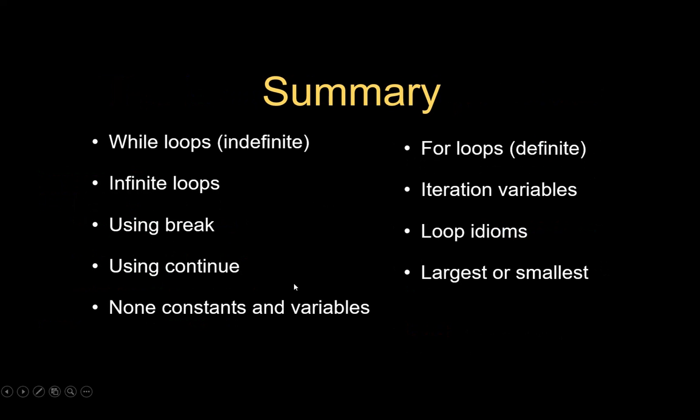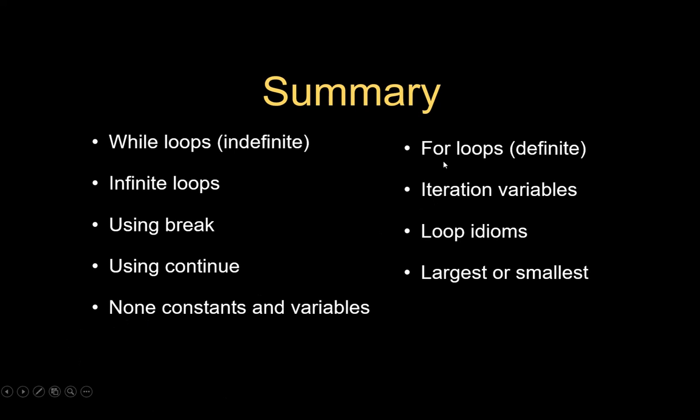Okay, so today we talked about while loops, the indefinite ones. We talked about how to get out of them using break or continue. We talked about None, which is a special type of constant and indicates emptiness and non-existence.